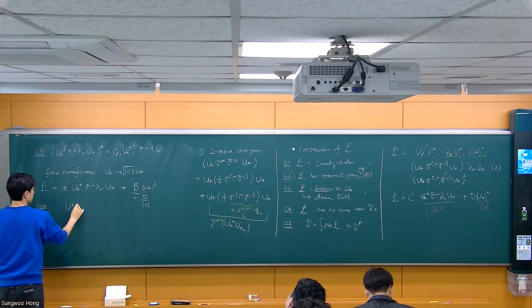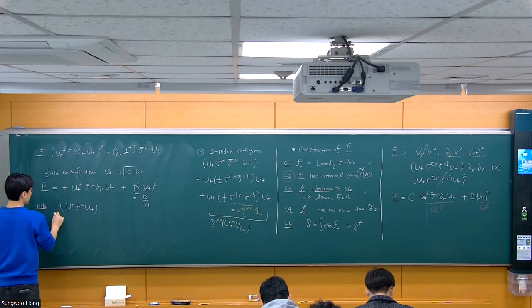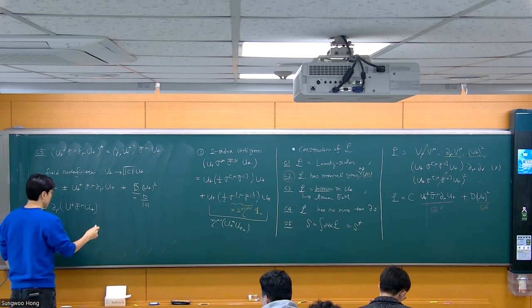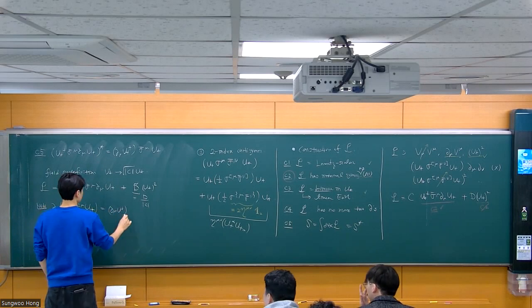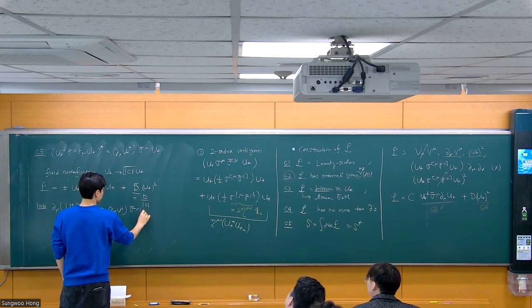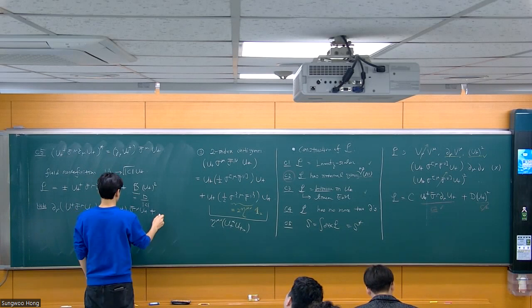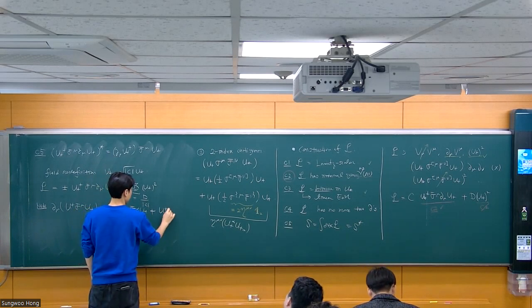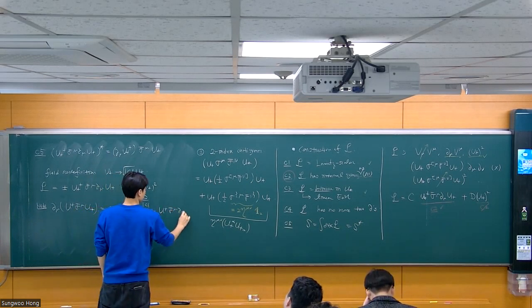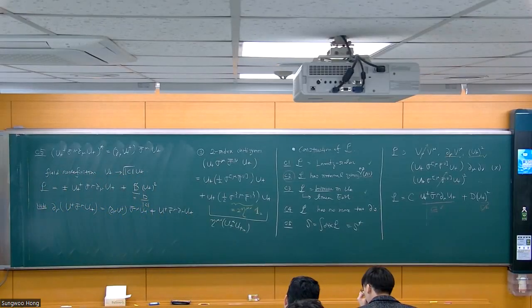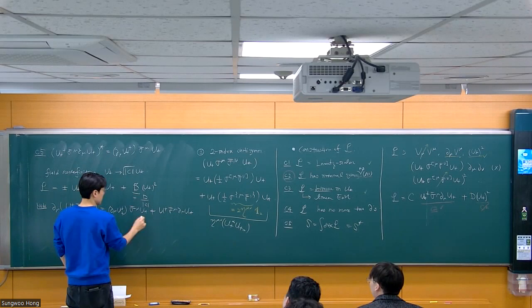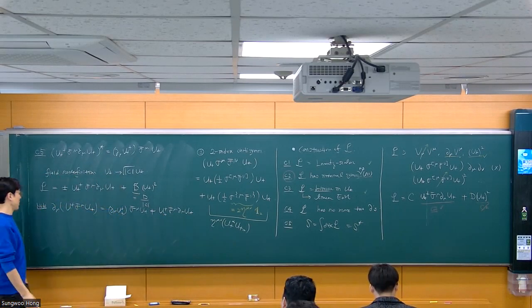If I take this object without a derivative, and then I look at the derivative by chain rule, I get a plus sign here.